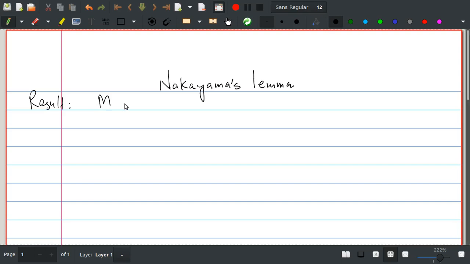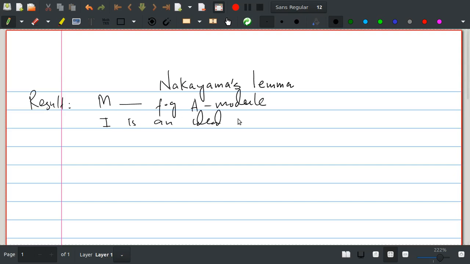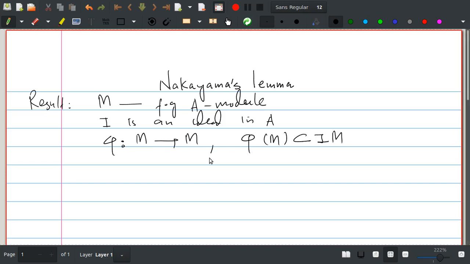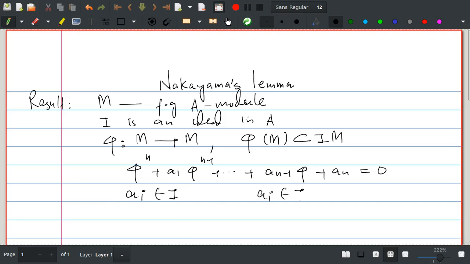If M is a finitely generated A module and I is an ideal in A and phi is an endomorphism on M with the condition that phi of M is contained in IM, then we proved that phi satisfies an expression of the form phi to the power n plus a1 phi to the power n minus 1 plus so on plus a n minus 1 phi plus a n is equal to 0, where these ai's are in I. In particular, these ai's are in the ith power of I. So this is what we proved in the last lecture.